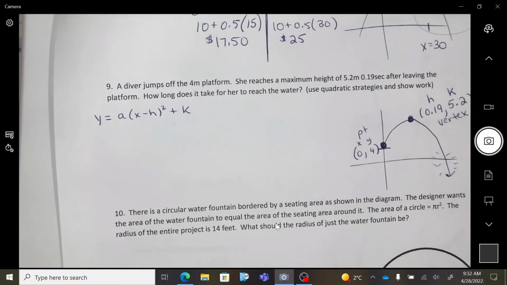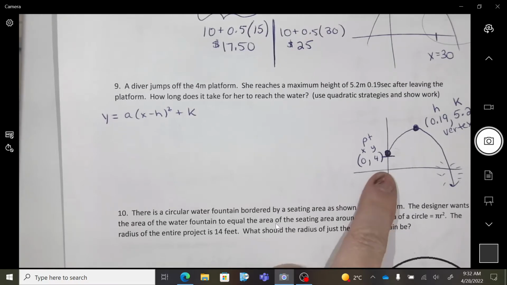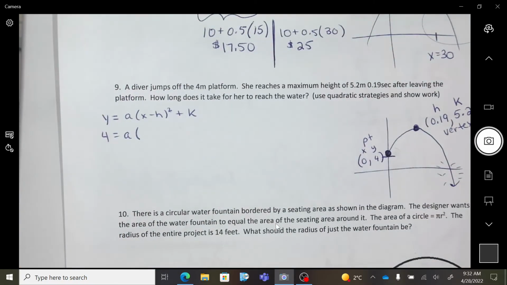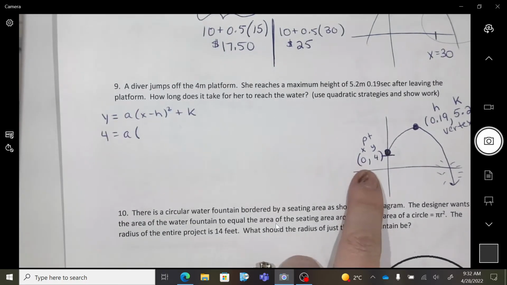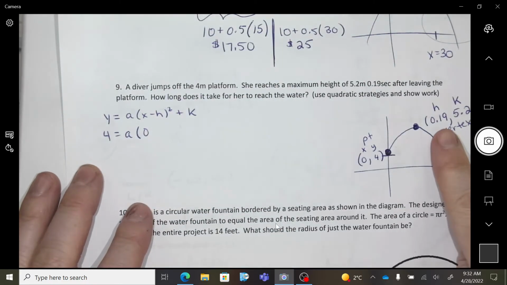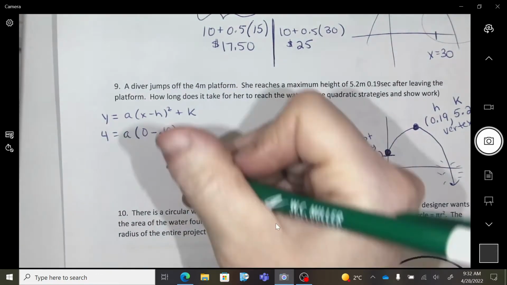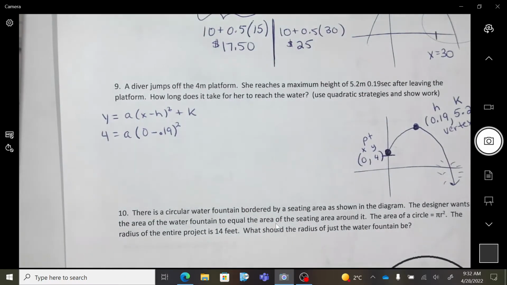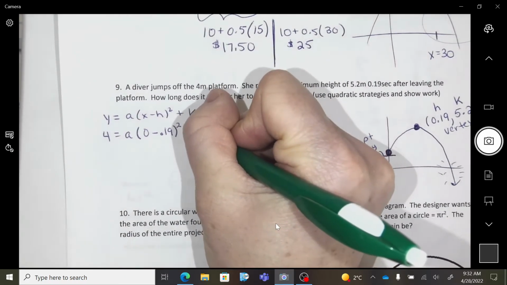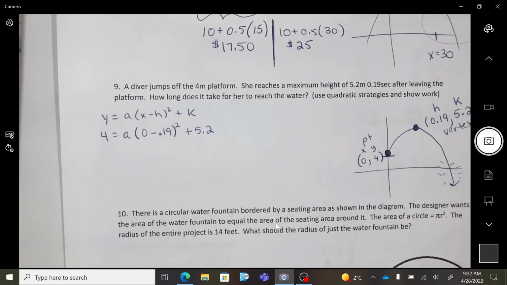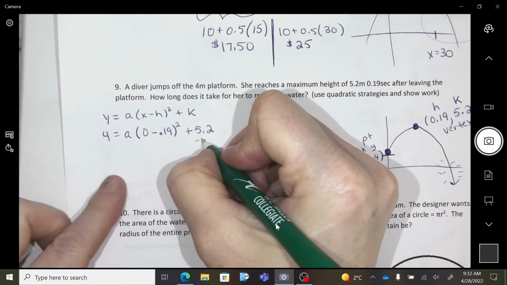Okay, so here's my plugins. Y is going to be a 4. The X is going to be a 0. Minus H, so minus 0.19 squared plus 5.2. Okay, so I plugged them all in. Okay, our algebra is to minus the 5.2 off the end.